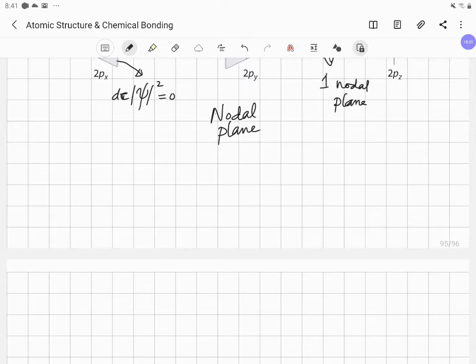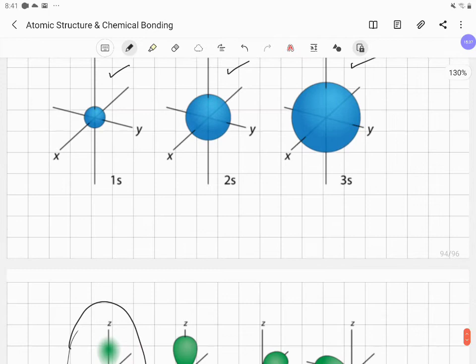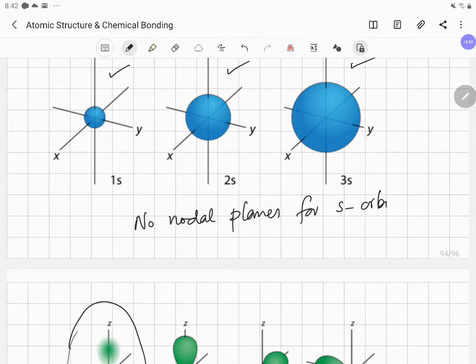Now what about the s orbital? In the case of the s orbital, there are no such planes, right? Because it is spherically symmetrical, there are no planes in which the probability of finding the electron is 0. So for s orbitals, there are no nodal planes.